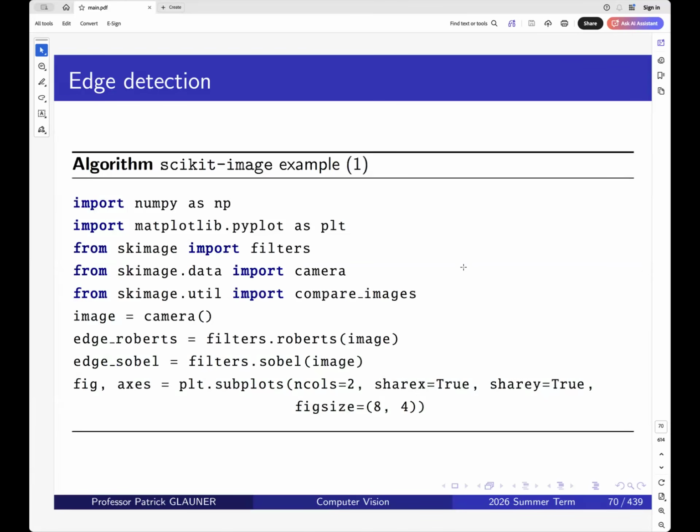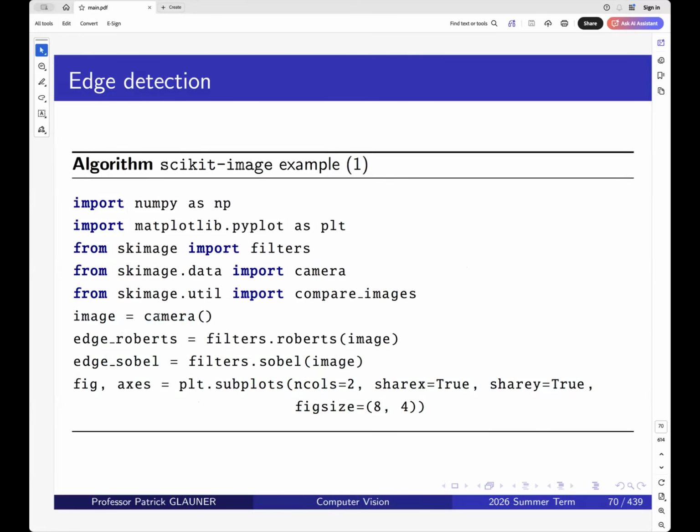The good thing is, there's already some code today. In fact, you don't need to build all of this from scratch. You can use an image library called skimage. As there is scikit-learn for machine learning, there is scikit-image. You can load different filters.